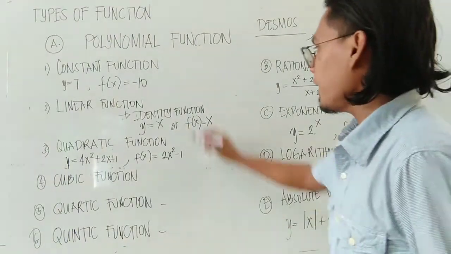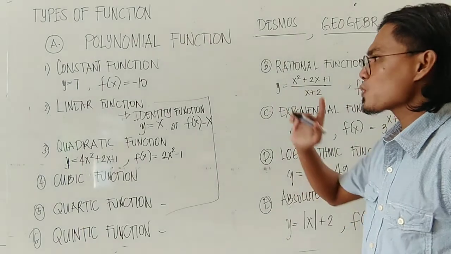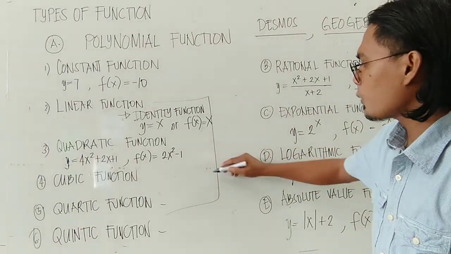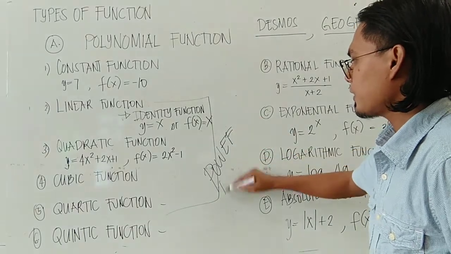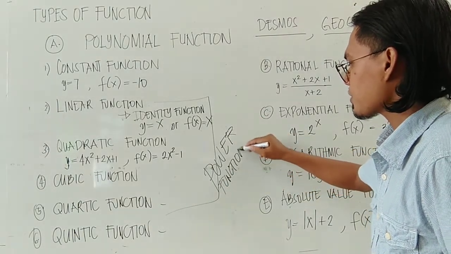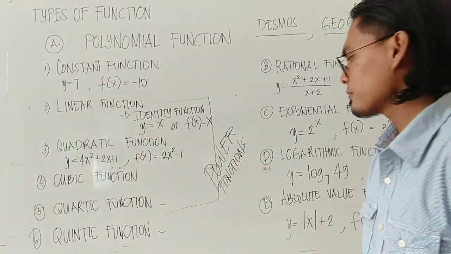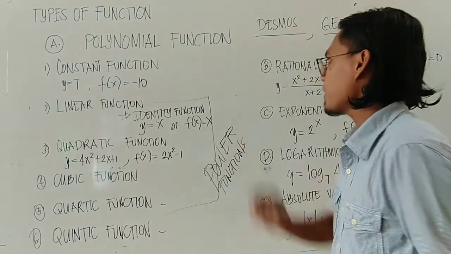Okay? And ang inyong mga functions, kay may mga exponents sila or power, ginatawag na siya nga power function. Or power functions. Okay? So examples ng power functions, ang tanan-tanan ng functions may mga exponent.